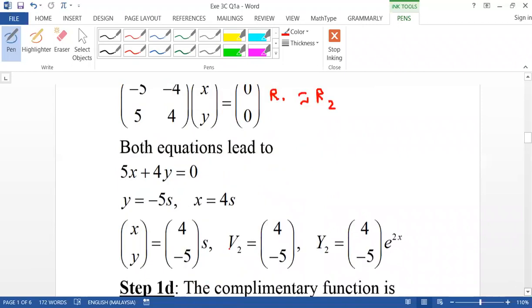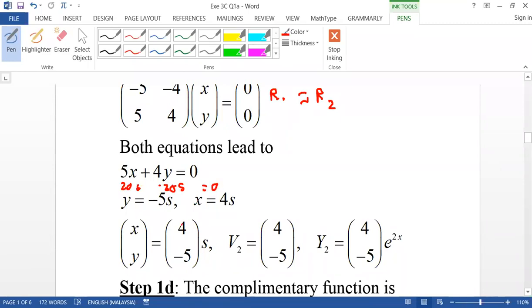In v2 you also have about 3 variations of the answer. My variation eliminates the fractions. If I let y equal to negative 5s, then x will become 4s, because when you add up, y is negative 5s, so you have negative 20s, and x is 4s, so you have 20s. 20s minus 20s gives 0.